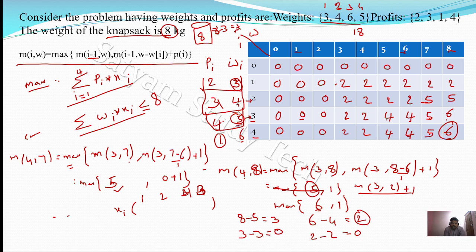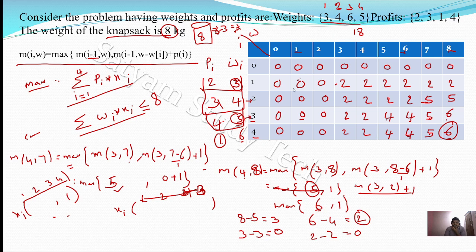Here you can note down the objects. For example, you consider the fifth weight, that is the fourth object. The xi values are 1 comma 2 and 3 comma 4. For this object, xi is 1.